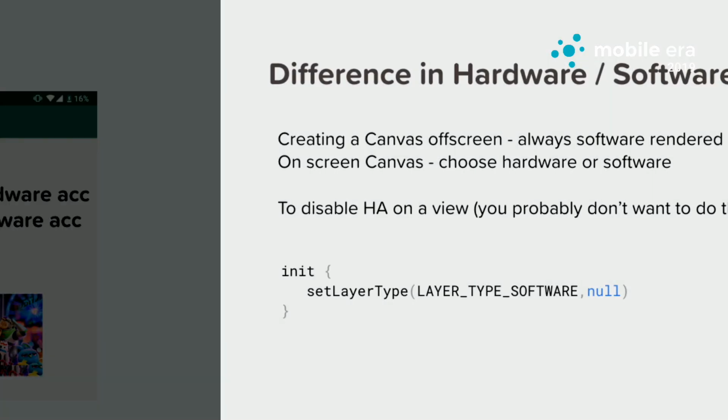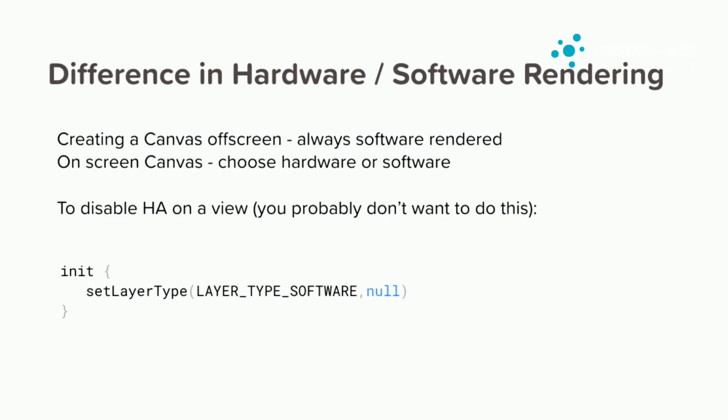So this brings me to working with hardware and software rendering. If you create a canvas off screen, so you can create a canvas with a bitmap that backs it, it's always going to be software rendered, okay? And if you create an on-screen canvas, like you're displaying a view on screen, it's going to be either hardware or software. You can choose what you want it to be rendered as.